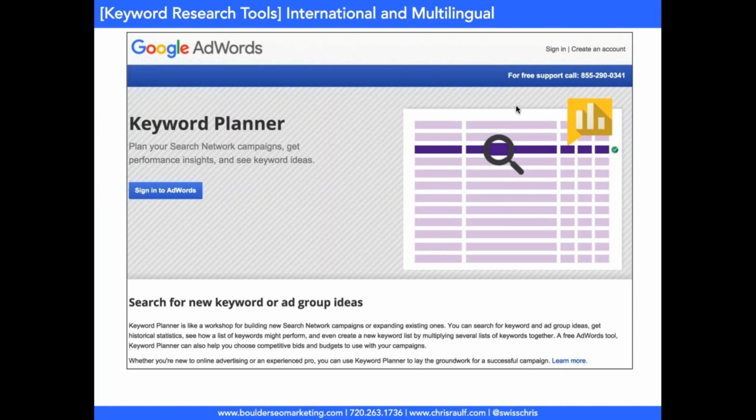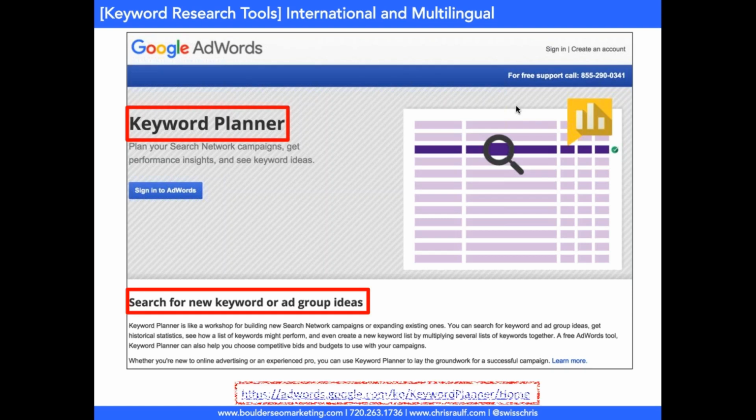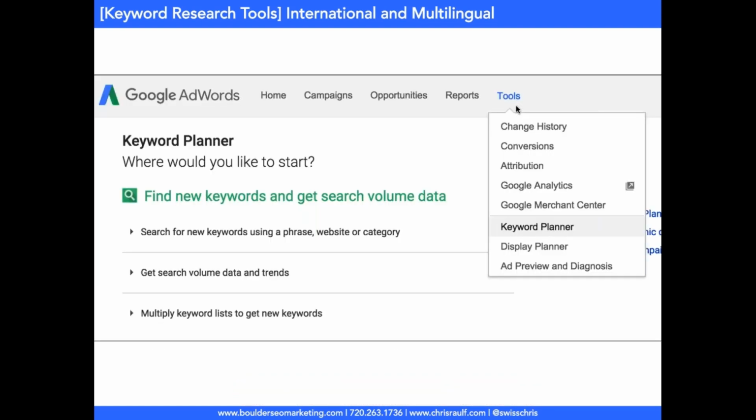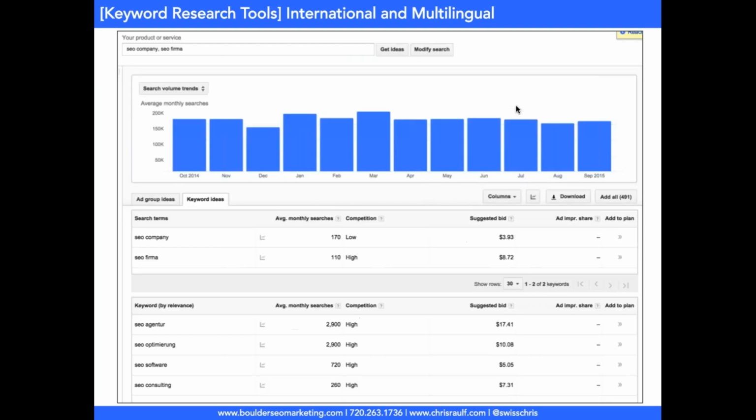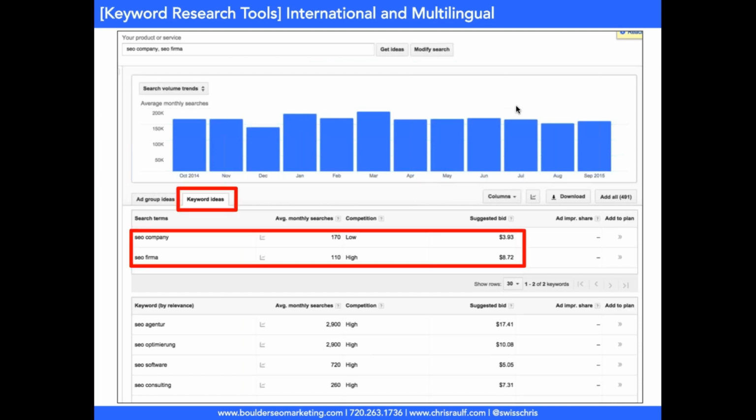I'm getting free information. I recommend that before you lock in a certain keyword in a foreign language, go back to Keyword Planner, which is part of Google AdWords, right there. Click on Search for new keywords using a phrase, etc. Plug in SEO company and SEO firma, and you want to change the targeting to Germany for German. Click on Get Ideas.